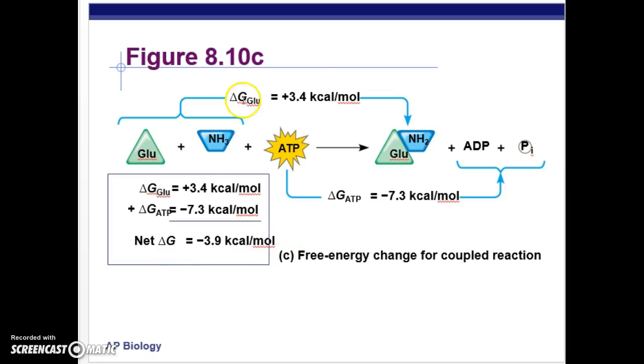Remember that to be exergonic means it's going to occur spontaneously. So by coupling these two reactions together, we're able to transform this endergonic reaction that is non-spontaneous into one that is spontaneous.